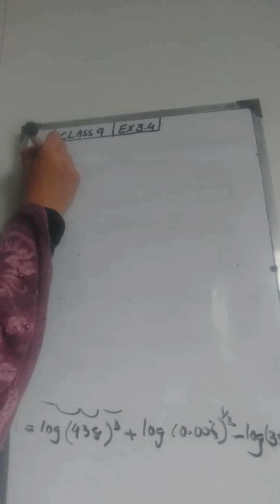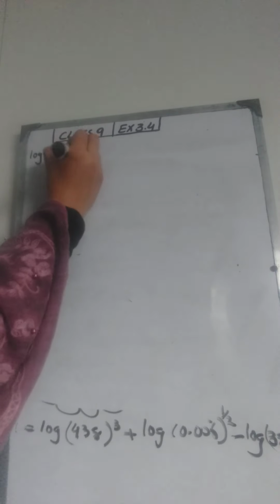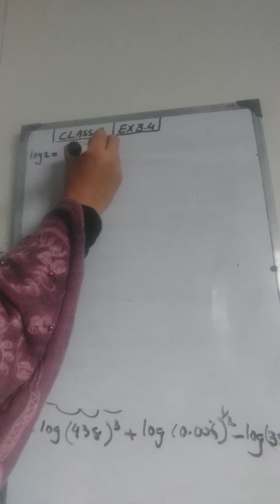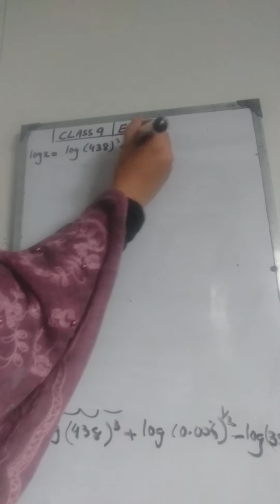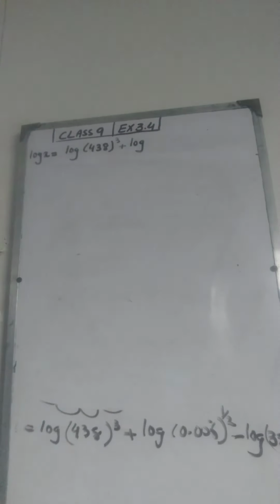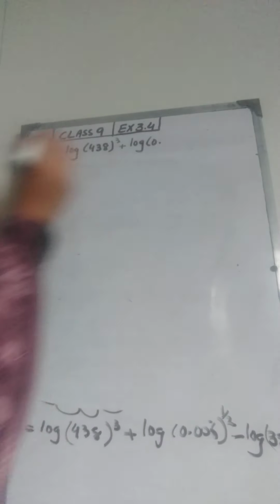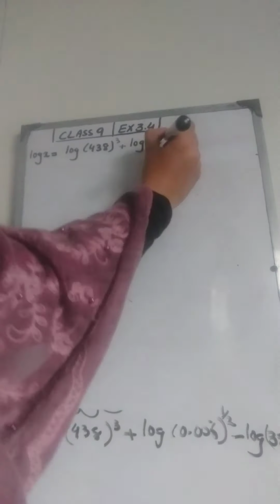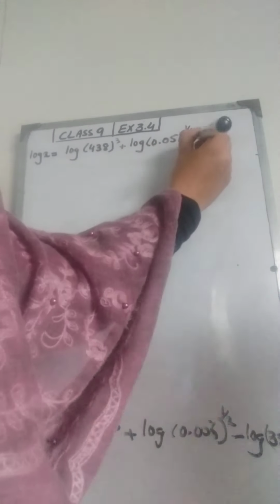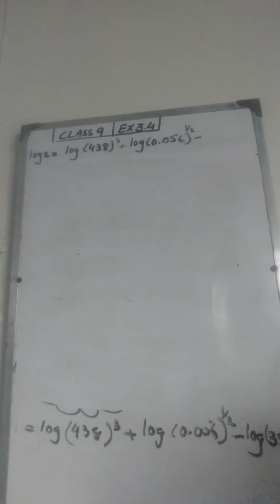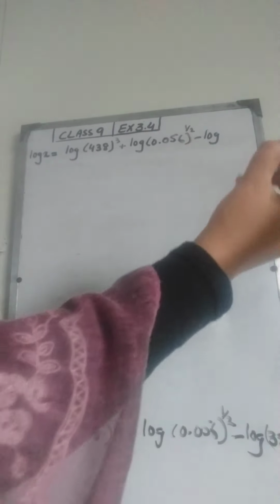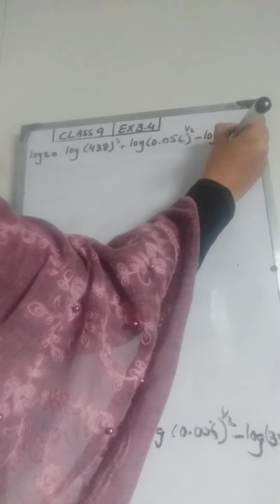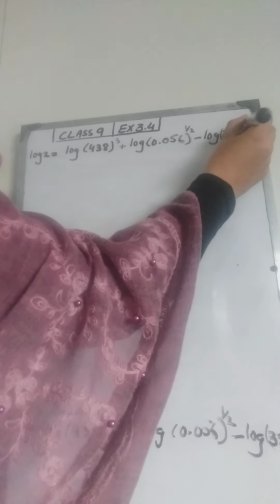Log of x is equal to log of 438 raised to the power 3 plus log of 0.056 raised to the power 1 by 2 minus log of 388 raised to the power 4.